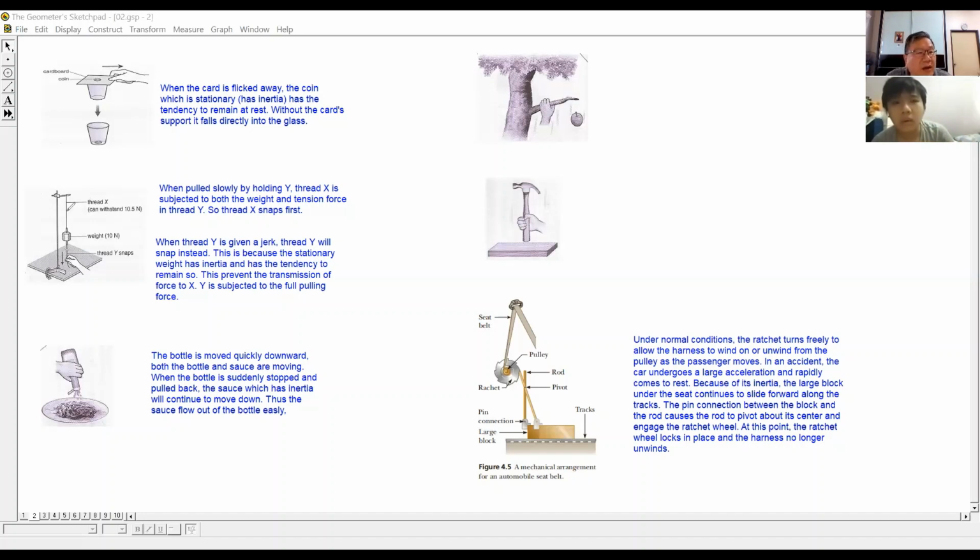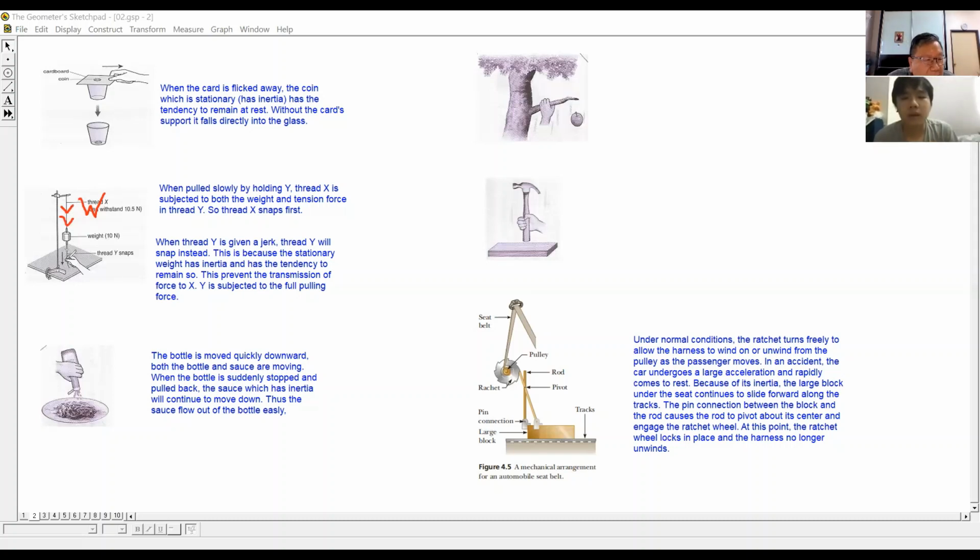The first is the weight of the weight. The second is the pulling force exerted by the hand. So when you pull it down, naturally this one will break first because it has two forces acting on it.